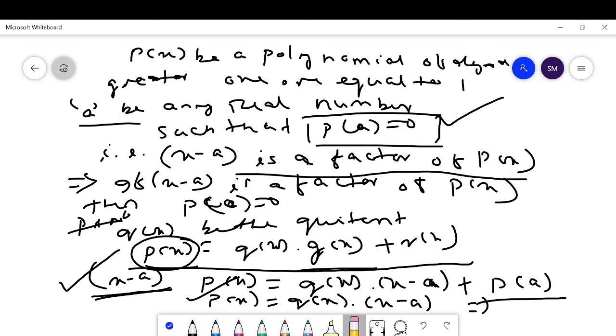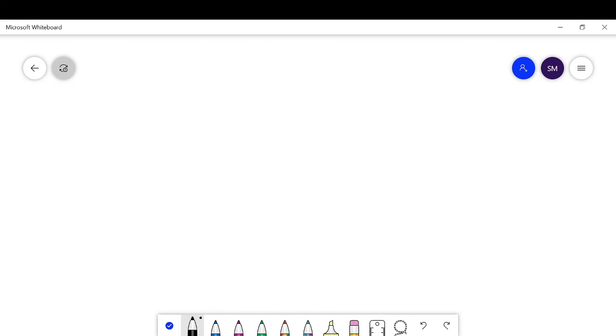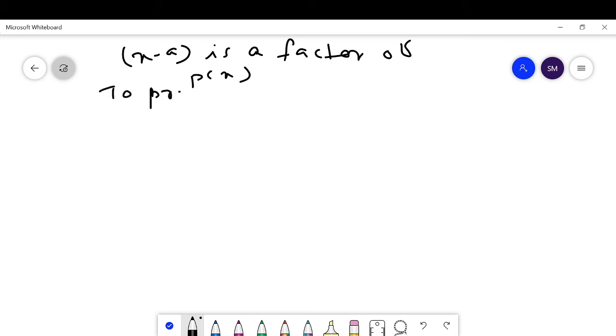Now we have to prove the converse. The converse says if x minus a is a factor of P(x), we have to prove that P(a) is equal to 0.